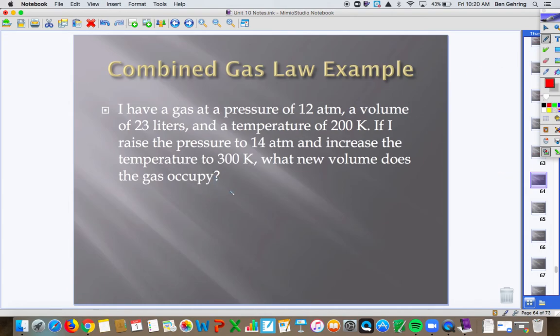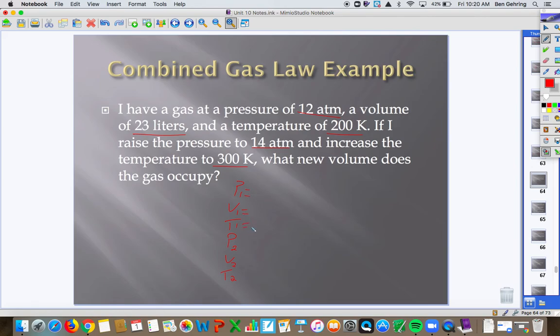I have a gas at a pressure of 12 atmospheres, a volume of 23 liters, and a temperature of 200 Kelvin. If I raise the pressure to 14 atmospheres, increase the temperature to 300 Kelvin, what volume does my gas now occupy? So I have P1, V1, T1, and I have P2, V2, and T2.